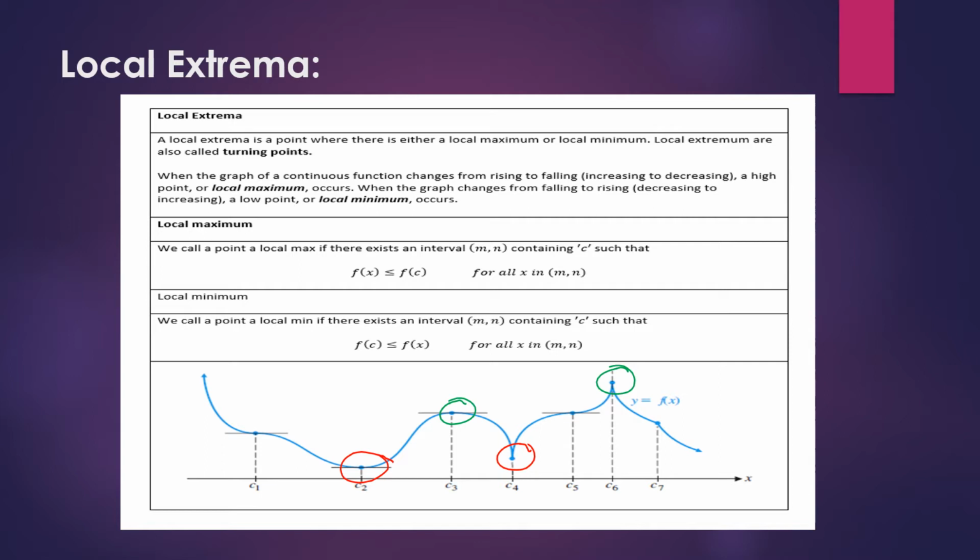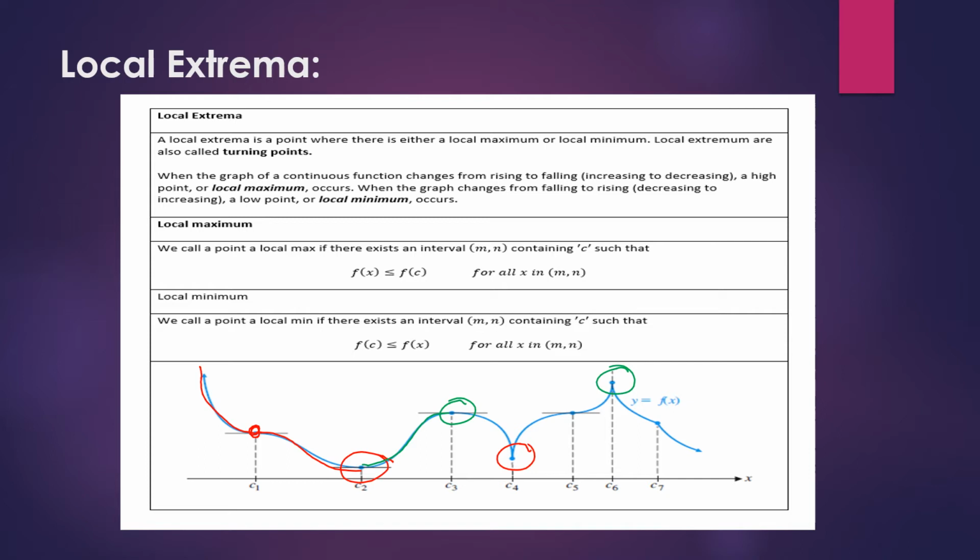And the reason for this is the minima happen when we go from decreasing to increasing. And then the maxima occur when we're going from increasing to decreasing. So if you take a look at the function, I'm decreasing. I hit C1, but then I continue to decrease. Therefore, it's neither a max nor a min. Then from C2, I was decreasing, but now I'm increasing, meaning that a local extrema occurred, and that's a min.